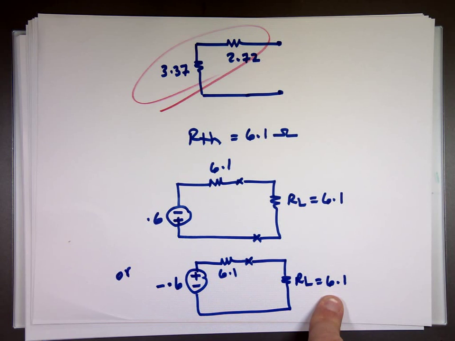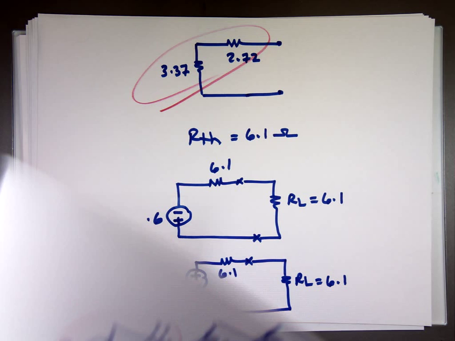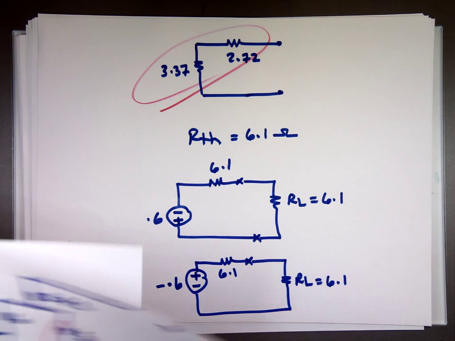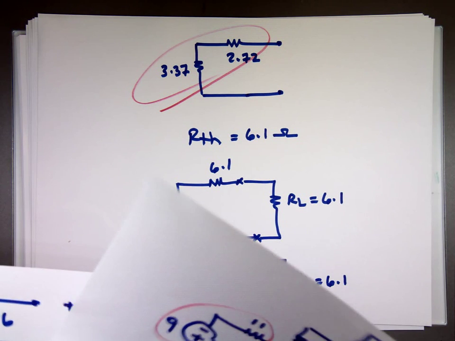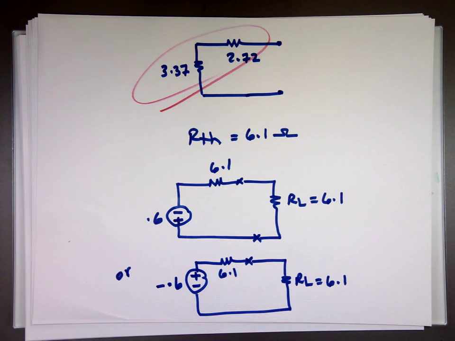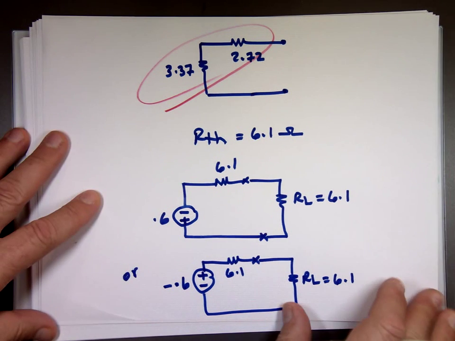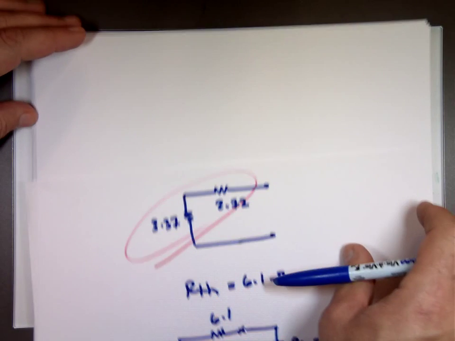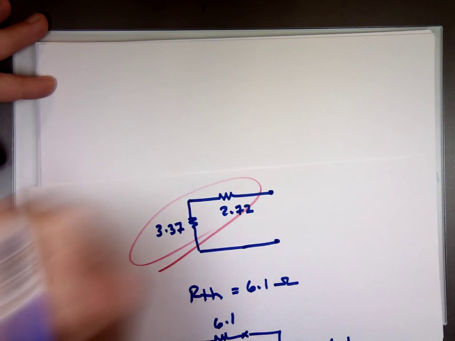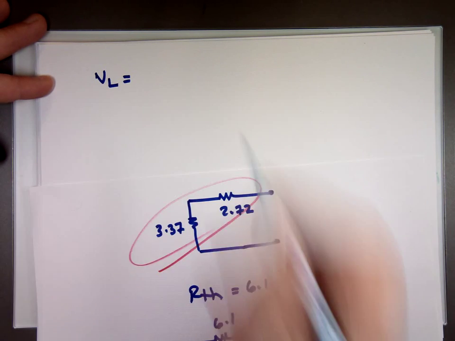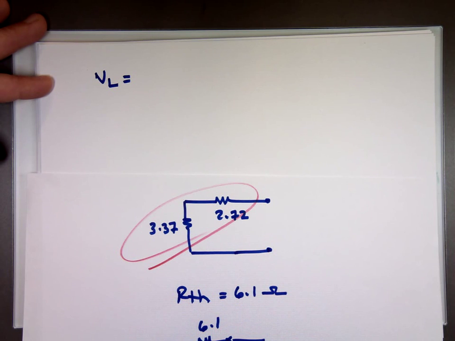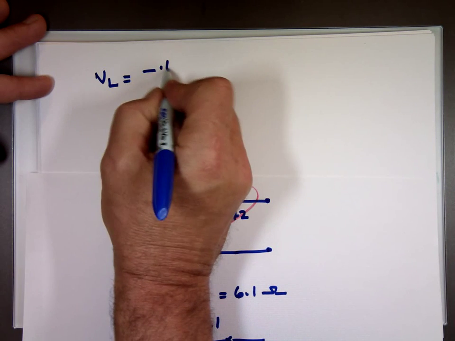Now, what is the maximum power transfer? How much power is being shipped to that load? So the power, let's find the voltage across the load. The voltage is going to be half of that number. So the voltage across the load is going to be negative 0.6 divided by 2, which is what?